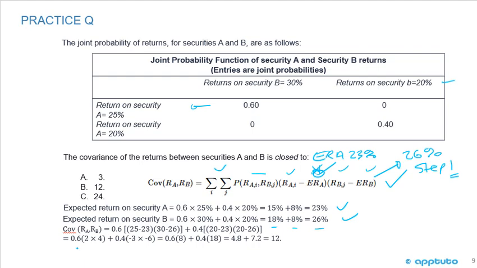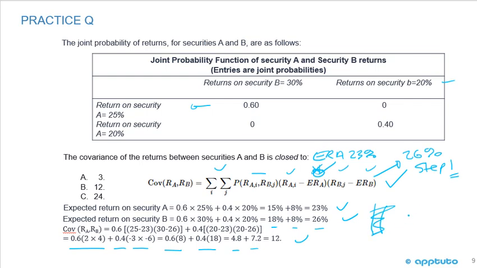So we run our way through our math, 0.6 times 2 times 4, plus 0.4 times negative 3 times negative 6, and that's going to equal 0.6 times 8 plus 0.4 times 18, 4.8 plus 7.2, that gives us 12.